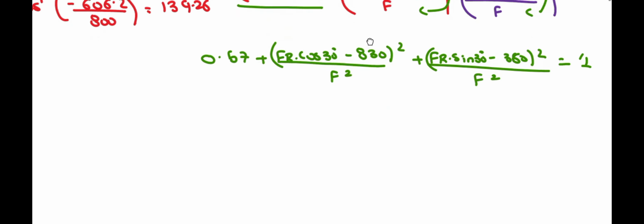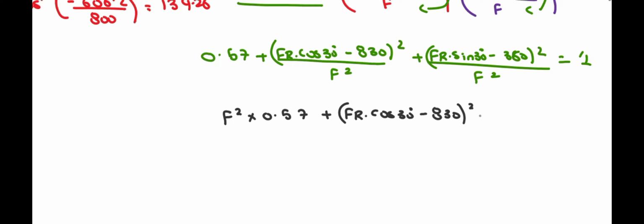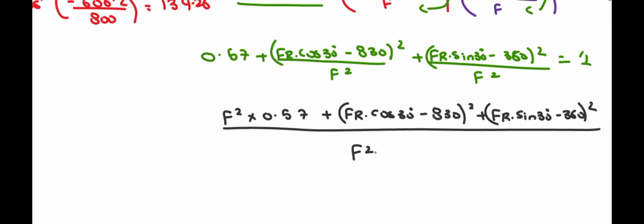So take the LCM here. It becomes F square into 0.57 with positive sign Fr dot cos 30 degree with negative 830 whole square with positive sign Fr dot sine 30 degree with negative 360 whole square upon F square, which is equal to 1.